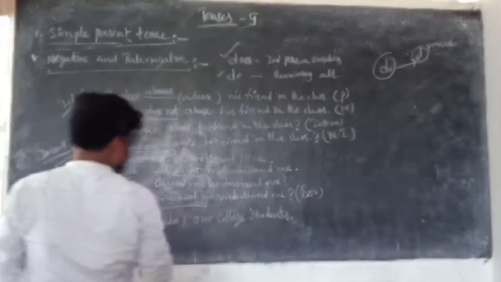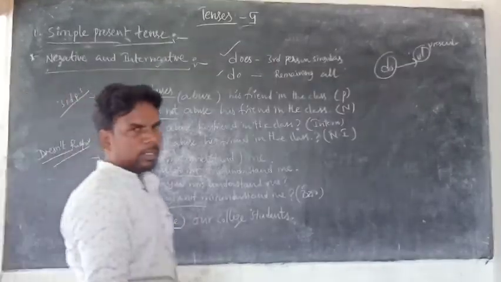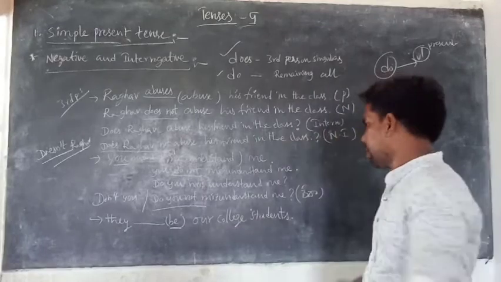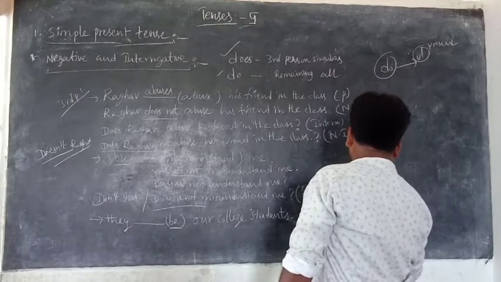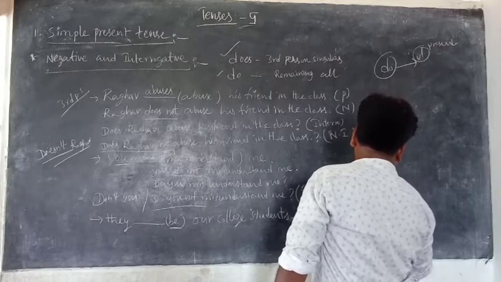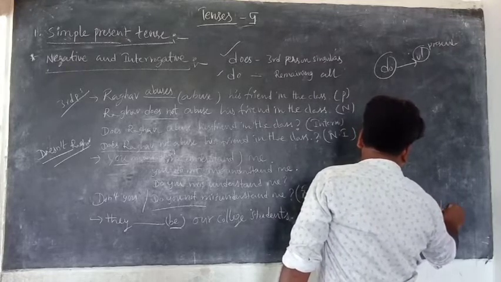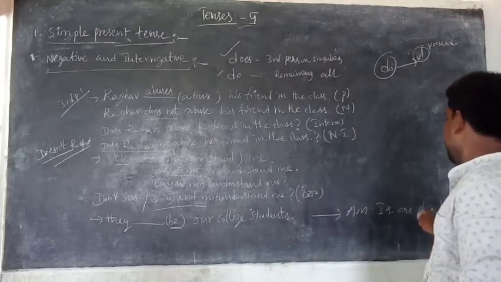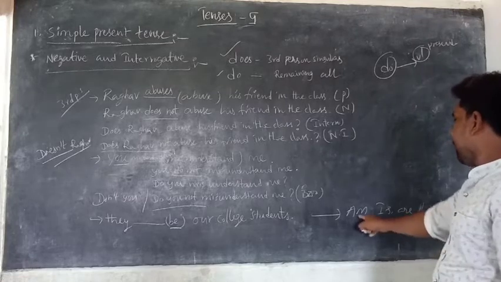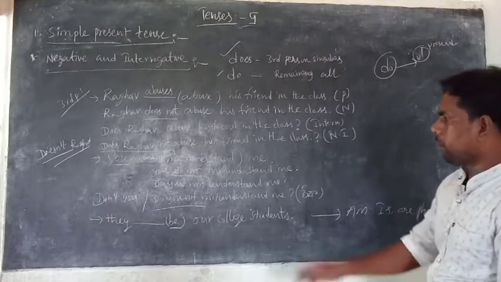Here come here. The dash be our college students. Be, nothing but be forms. Simple present tense be forms are is, am, are, has and have. We have to use any one of these forms.